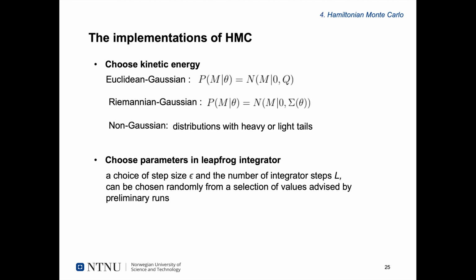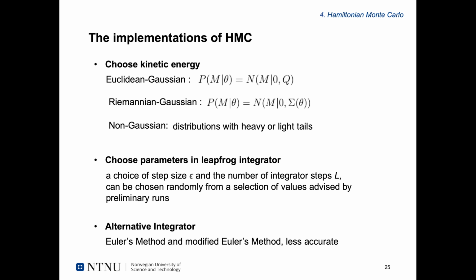In practice, epsilon and L can be chosen randomly from a selection of values advised by preliminary runs. At last, instead of the leapfrog integrator, there are other integrators available, such as Euler's method and modified Euler's method, but they turn out to be less accurate in approximating the true trajectory.